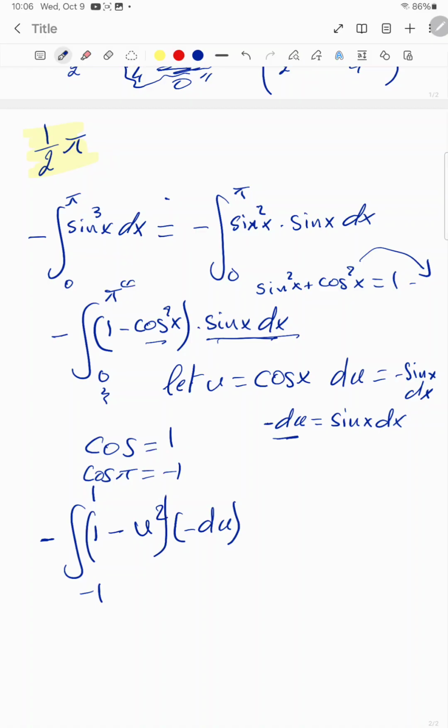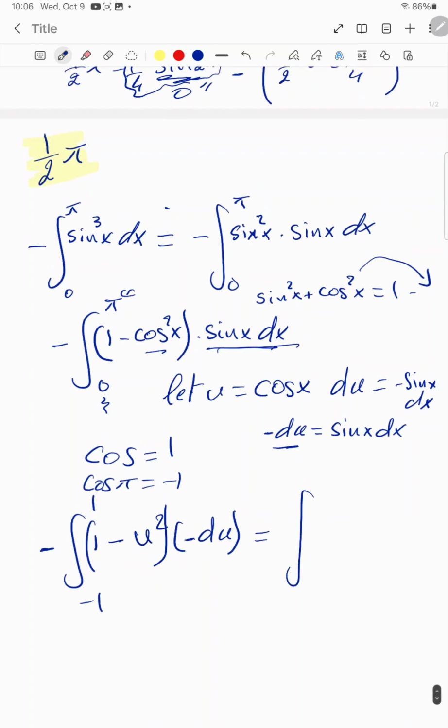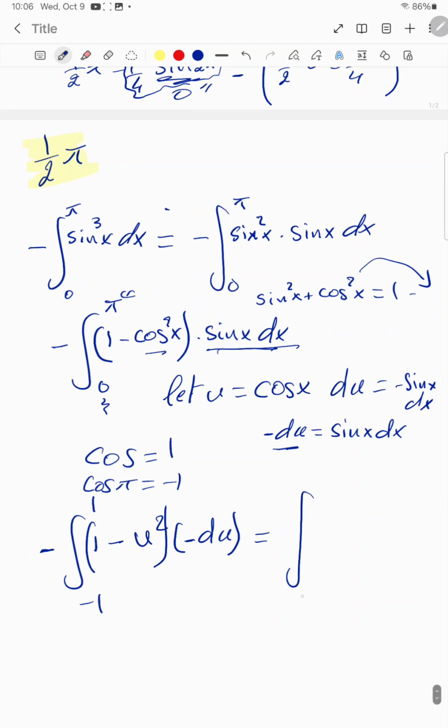Yeah? Usually, we can leave it that way, with this minus and that minus becoming plus. So it is plus the integral, and I flip my integral. The 0 was on the lower bound, and cosine of 0 is equal to 1, so the lower bound is equal to 1, and for the upper bound, cosine of pi is equal to minus 1.